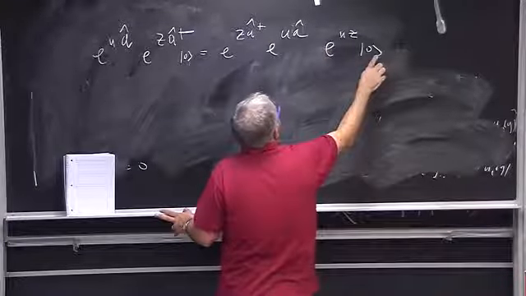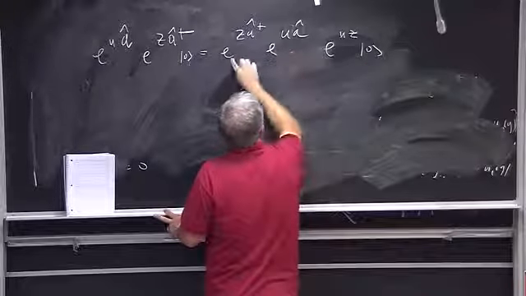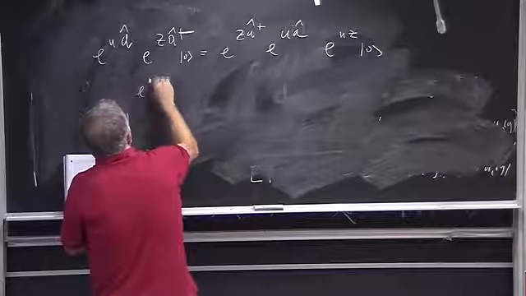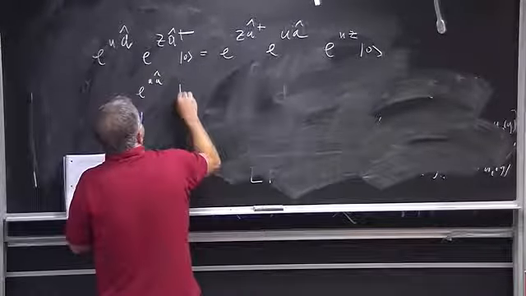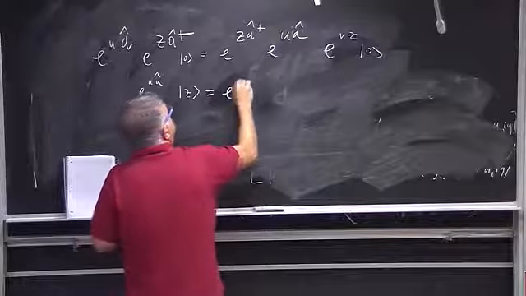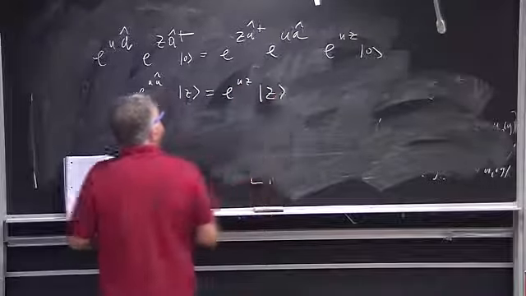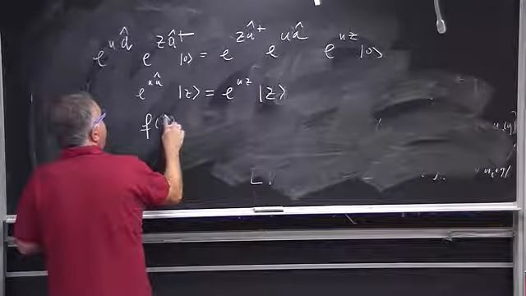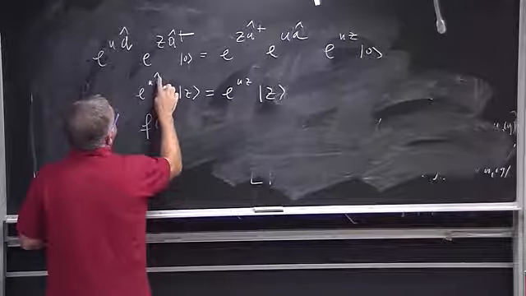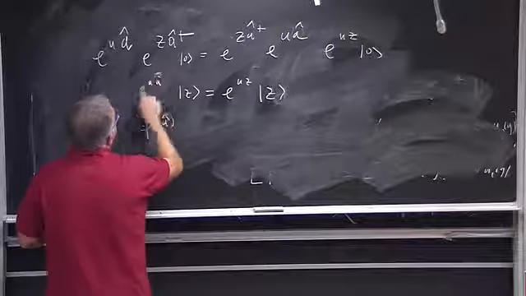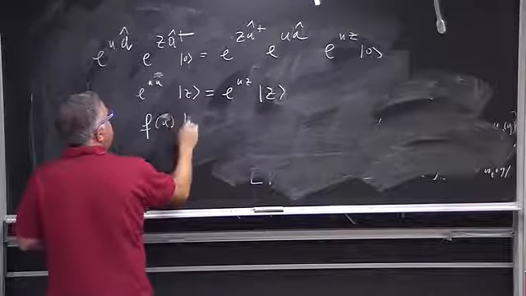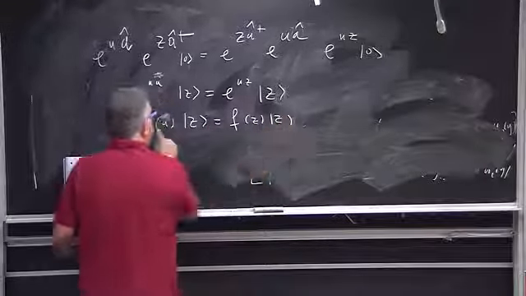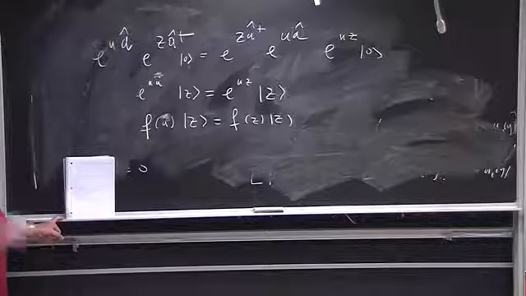Okay, so when you apply this to the vacuum, only the first term survives. So you get that e^{uA} applied to |z> is e^{uz} applied to |z>. In general, for any analytic function f, f(A) applied to |z> is f(z)|z>, if f is analytic, you develop it in series.